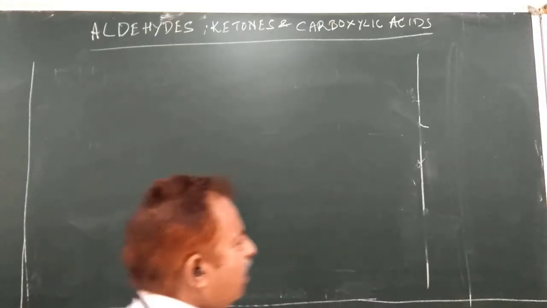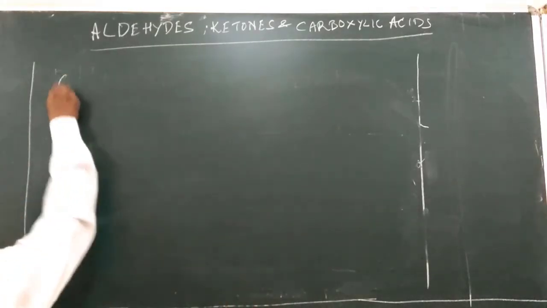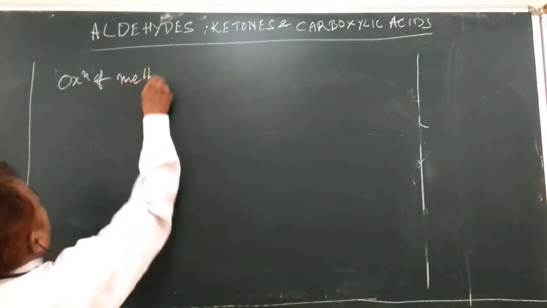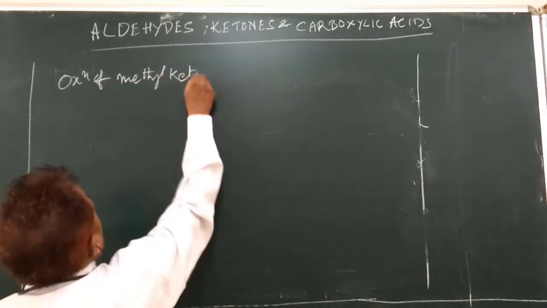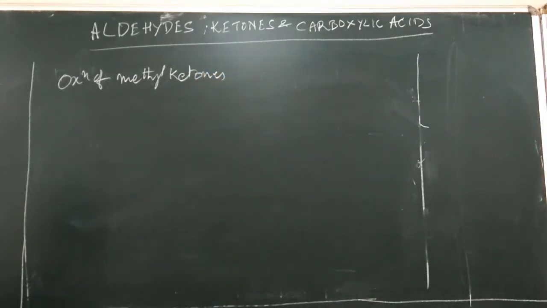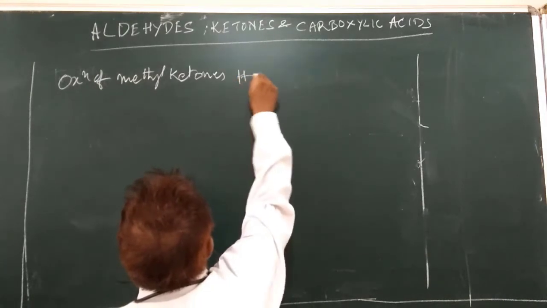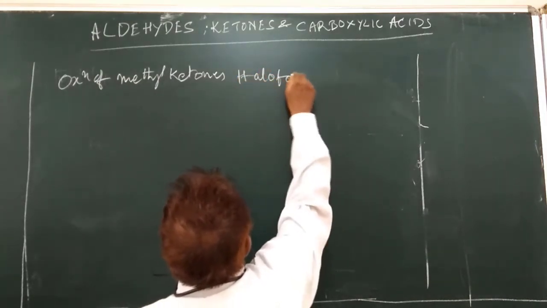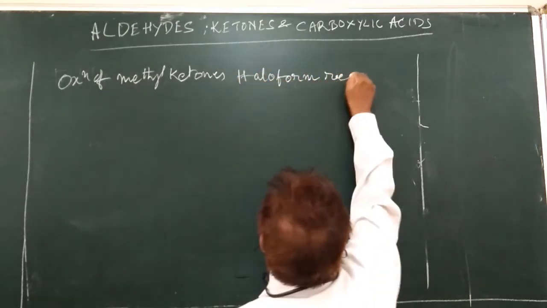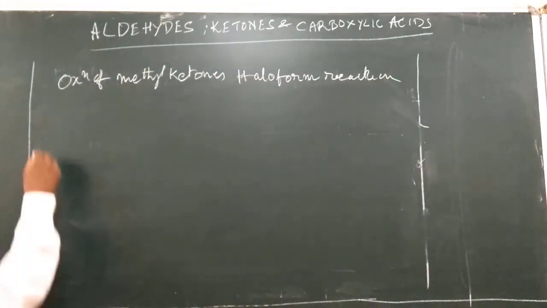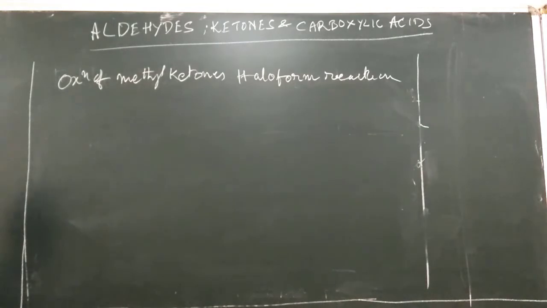Now let us see another reaction, that is the oxidation of methyl ketones. This is the haloform reaction. How do we carry out the haloform reaction?